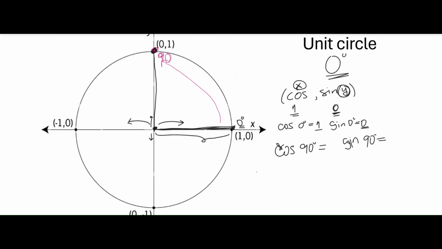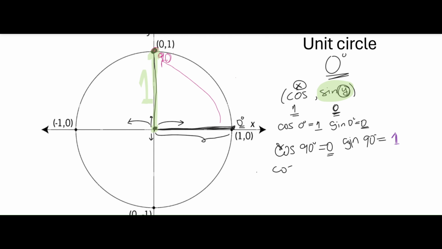Nope, we did not. That means that cosine is 0. Right? Well, what happens with the sine value? Sine value, remember, is on the y-axis. To reach 90 degrees, we go all the way up. So our sine value here is 1 because our y value is 1. Alright, what's the next one?